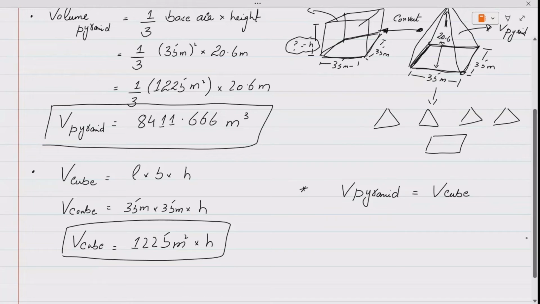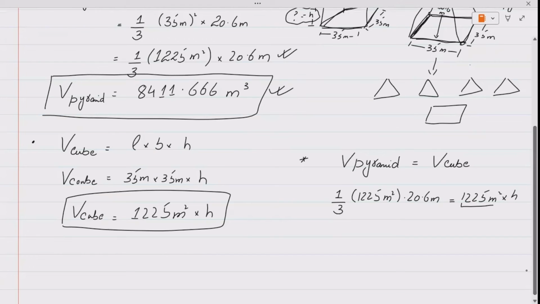So the pyramid volume, we can write it this way to make the calculation easy: 1 upon 3, 1225 meter square into 20.6 meter. I am purposely writing this, although we have the answer. Why, you can see in a bit. And the volume of a cube, what we got, is 1225 meter square multiplied by h.